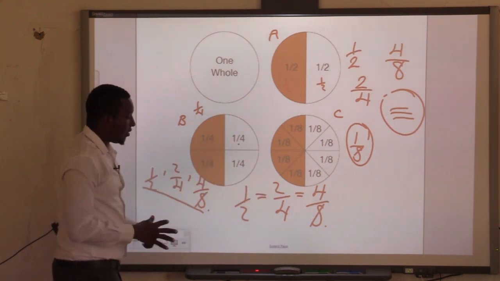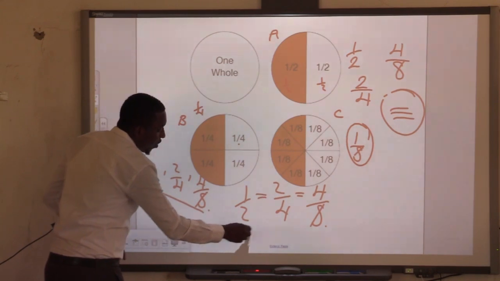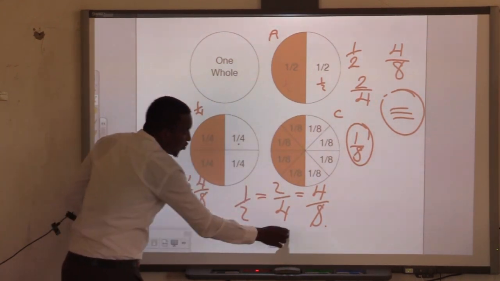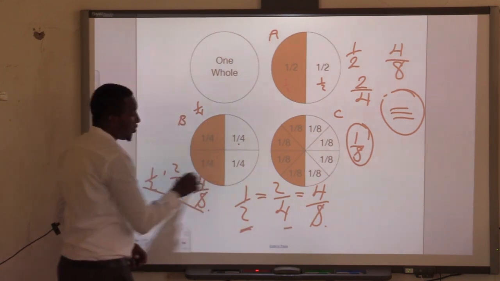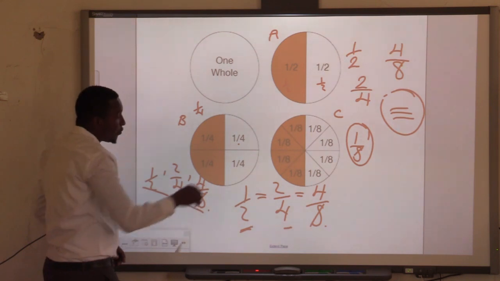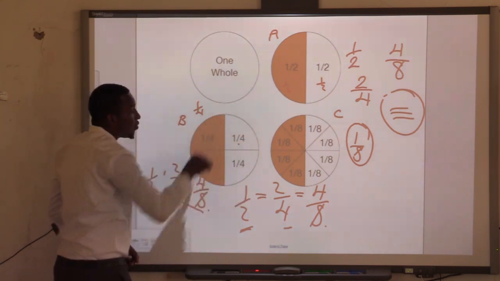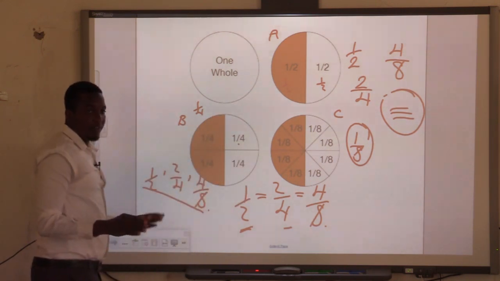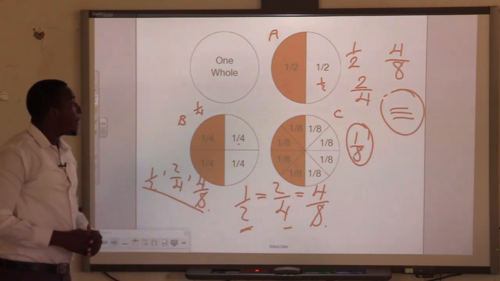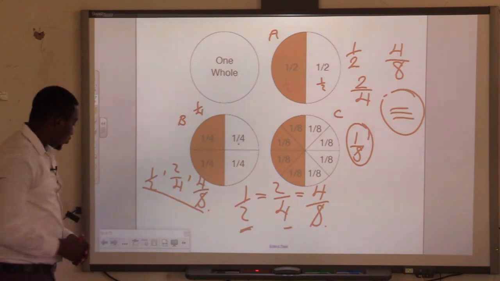In a nutshell, if you have 1/2 as the proportion in the first circle, and you have 2/4 as the proportion in the second circle, we say these two fractions are equivalent because the proportions that they represent in these circles are equal. In general, that's what we refer to as equivalent fractions.